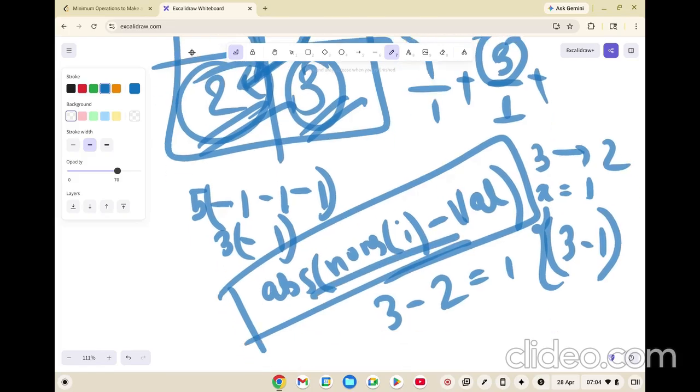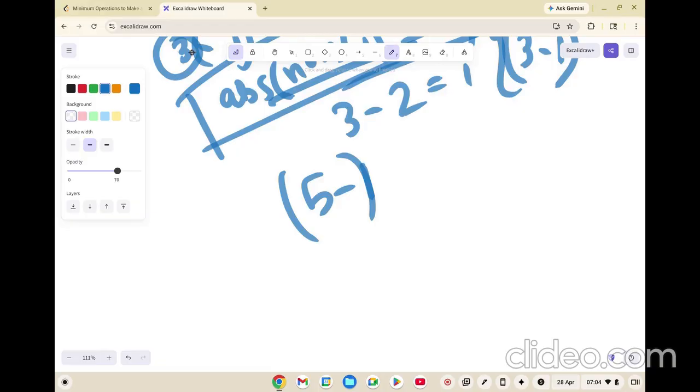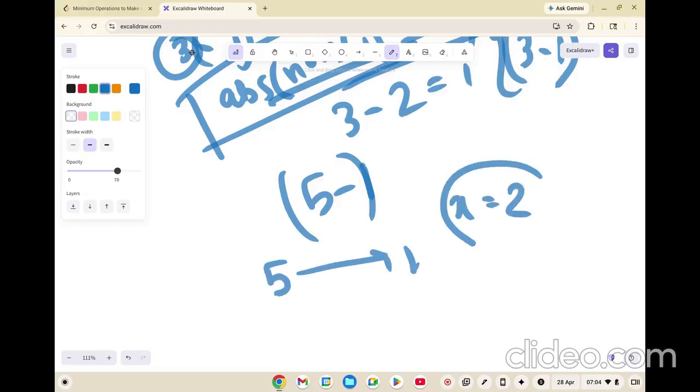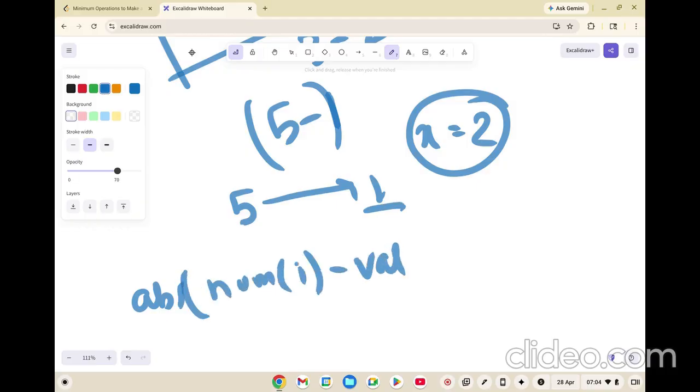right? Like 5 took 3 steps. How did it do? 5 minus whatever the value is, right? Value was 1, and you're dividing it by x, because let's say the value was 5 and you wanted to make it 1 and x was, let's say, 2, right? So how many steps you will take? You will take absolute of nums of i minus val divided by x, right?